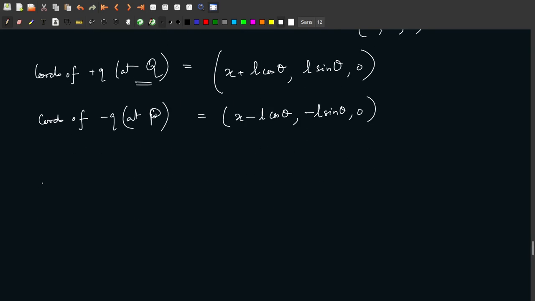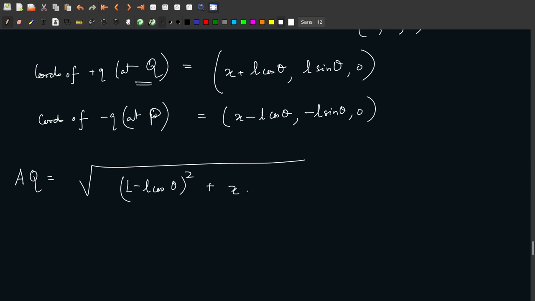From this you can easily verify for yourself. It's just a simple calculation of finding out the distance. So the first distance AQ is given by root over of (L minus small l cos theta) whole square plus (x plus l sin theta) whole square.